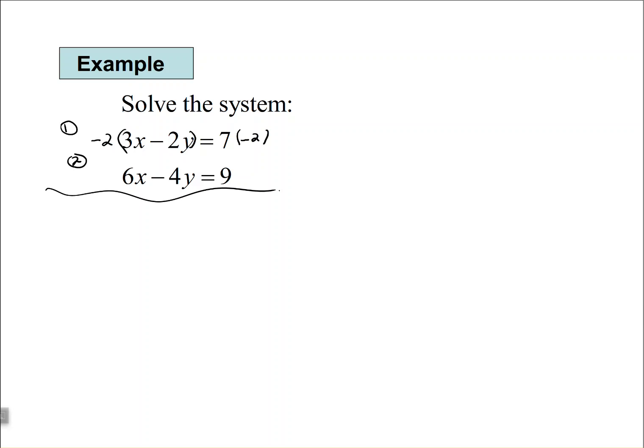Okay, so now I will rewrite my equations. Equation 1 being multiplied by negative 2 gives us negative 6x plus 4y equals negative 14. Equation 2, leave it like it is.